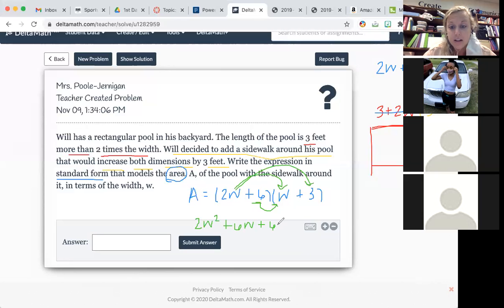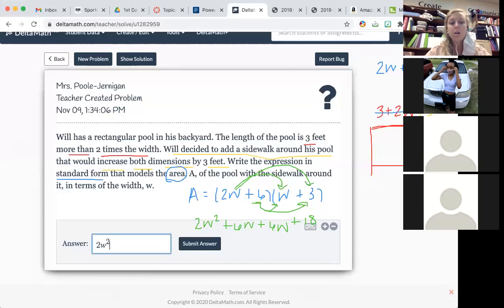Good. And then what is 6 times 3? 18. Good, y'all. So if we combine like terms, can y'all tell me what the final answer would be? 2W squared plus 12W plus 18. Good. Y'all are ready.